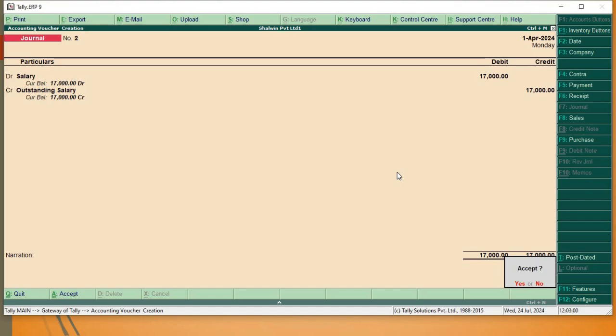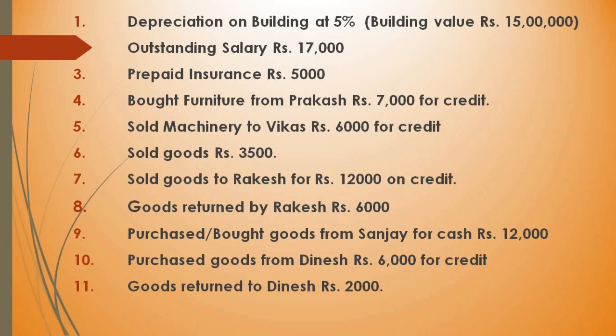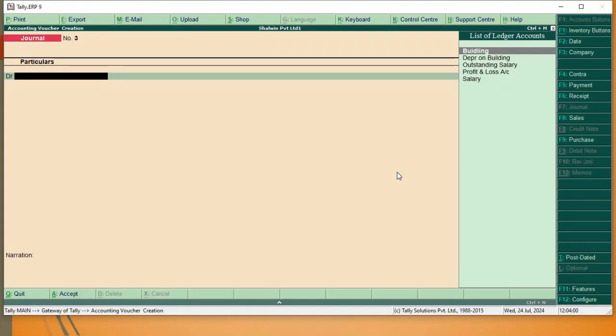And accept this. The next one, prepaid insurance, rupees 5,000. The two ledger accounts are prepaid insurance and insurance. Once again, it is in the journal voucher. So debit side, prepaid insurance.